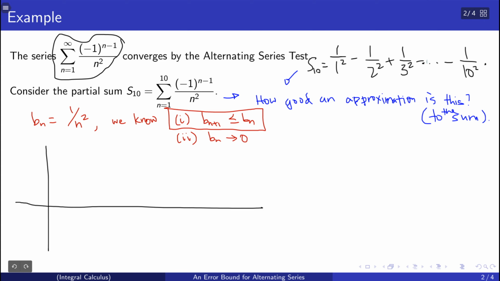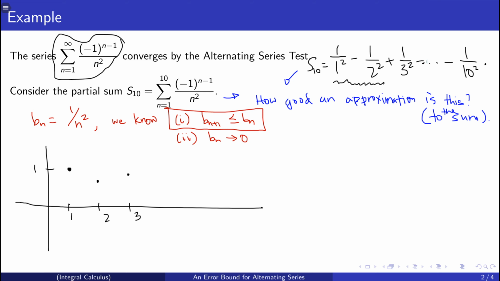If you drew your partial sums, what do they look like? S1 would be just 1 over 1 squared, which is just 1. S2 would be the sum of the first two terms, that's 1 minus a fourth, that's 3 over 4. S3 would be 3 over 4 plus 1 over 9, so just slightly above 3 over 4.